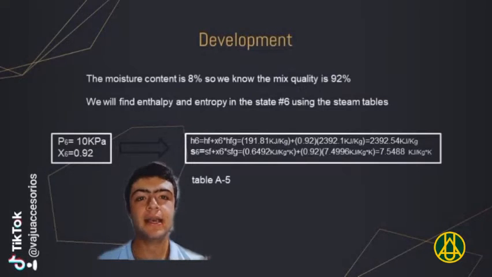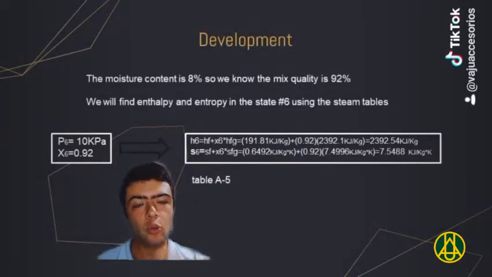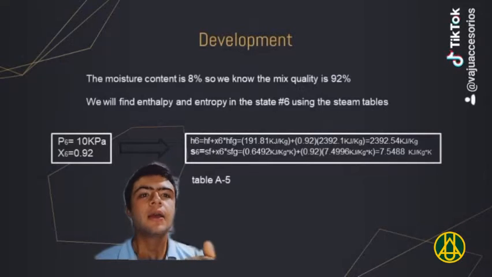For finding the enthalpy and the entropy, we will make the same development, that is, finding our property of the fluid, the enthalpy of the fluid or the entropy of the fluid, and we add the product of the quality and the entropy or the enthalpy of the steam and water mixture. With that procedure we will find the property in the state 6.